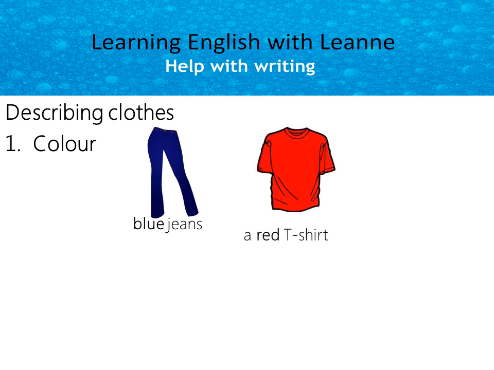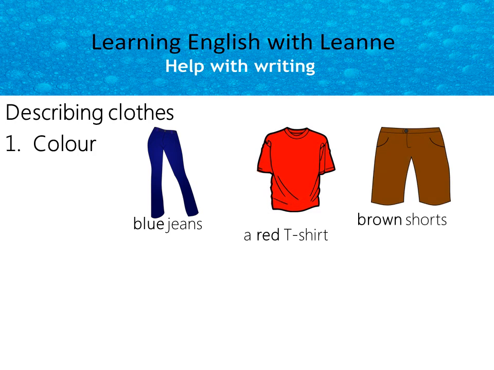We have a t-shirt, the colour is red. So we would say a red t-shirt. Colour is first before the noun, the name, t-shirt. We have shorts, the colour brown. So we say brown shorts, the colour is first.